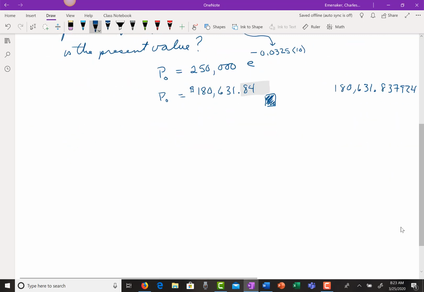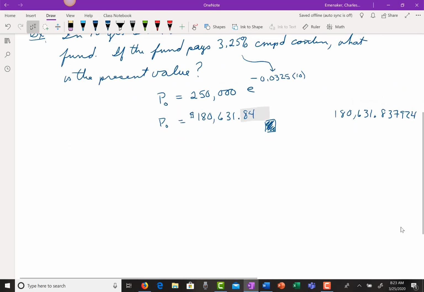Whoops. That doesn't make any sense, does it? We know that money only is reported to 1/100th of a unit. So make sure that when the calculator gives you these other answers back, you transform them to a form that makes sense. Okay.